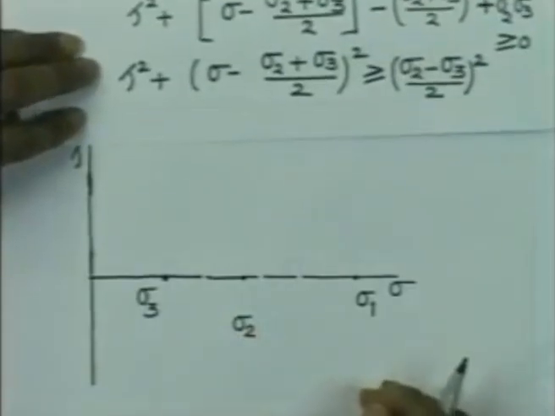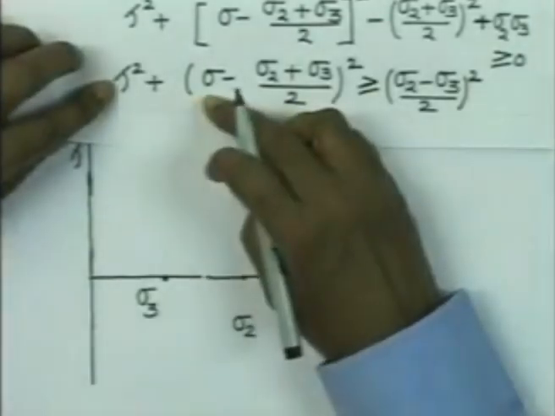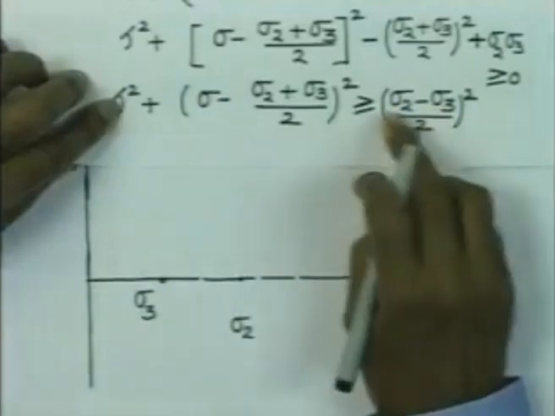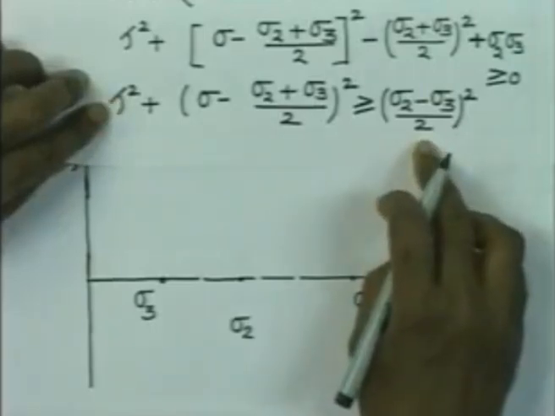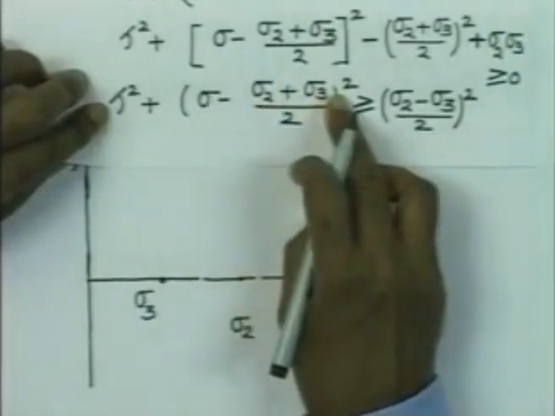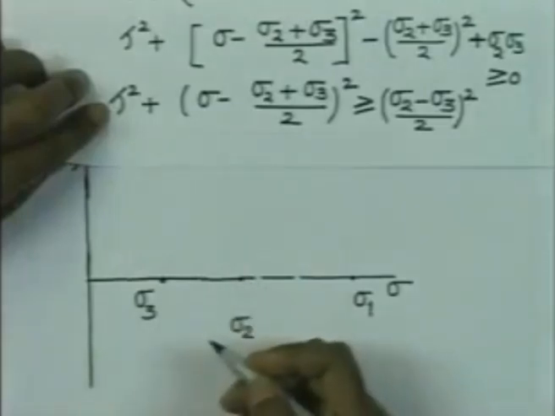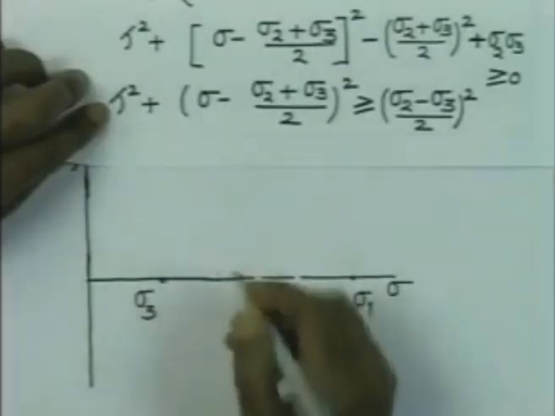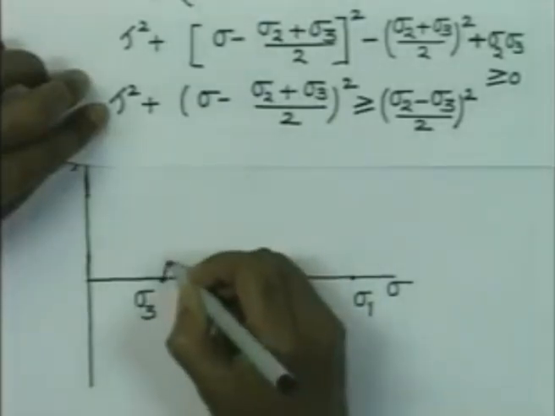So, for the point, all the tau and sigma that we are going to get are going to lie on a circle of radius (sigma 2 minus sigma 3)/2, whose center is located on the normal stress axis at a distance of (sigma 2 plus sigma 3)/2. So, if we consider this is the center, and if we draw a circle with this radius, the distance between these 2 points, then we will have this circle.